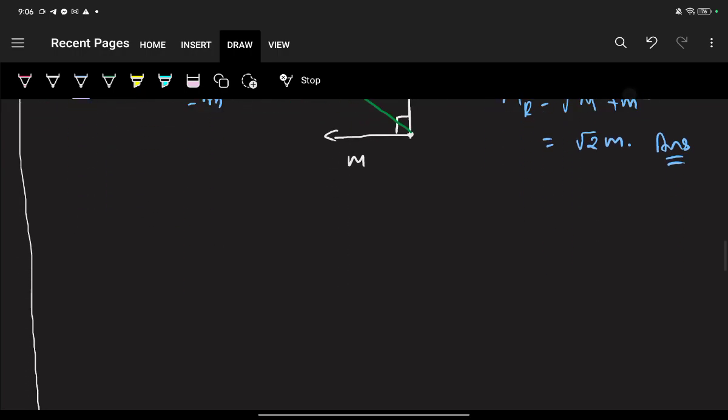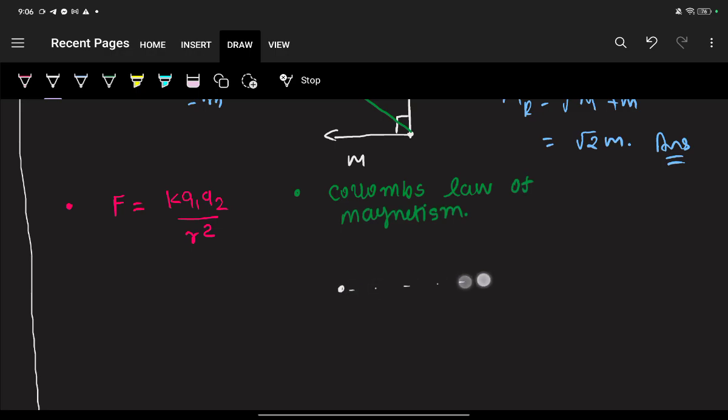Now in magnetism, remember we had Coulomb's law in electrostatics, given as k q1 q2 divided by r square. Similarly, in magnetism we have Coulomb's law of magnetism. We know that there are two magnetic charges plus m and minus m, and they attract each other.